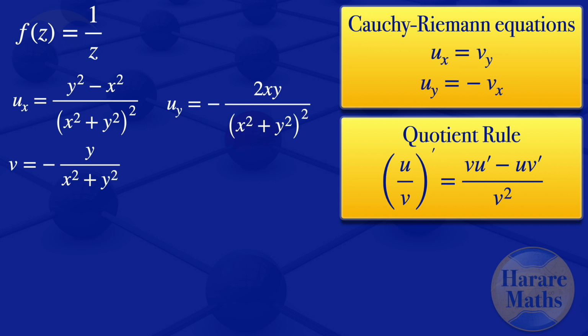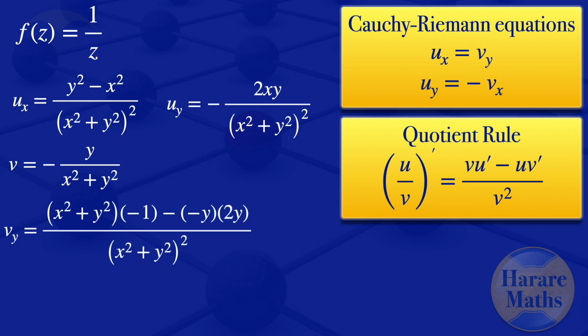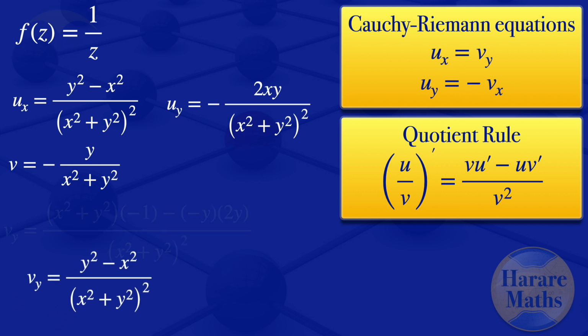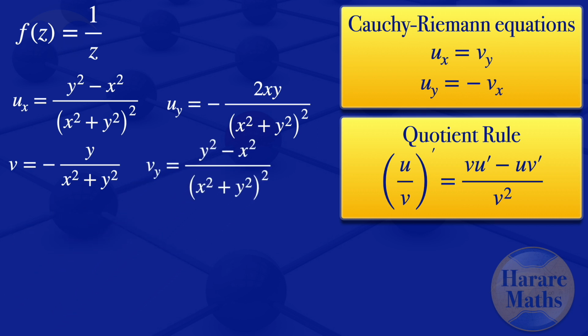And we would have the partial derivative of v with respect to y equal to x squared plus y squared times minus 1 minus y times 2y, divided by x squared plus y squared, squared. This will simplify to y squared minus x squared divided by x squared plus y squared, squared. So that's the partial derivative of v with respect to y.